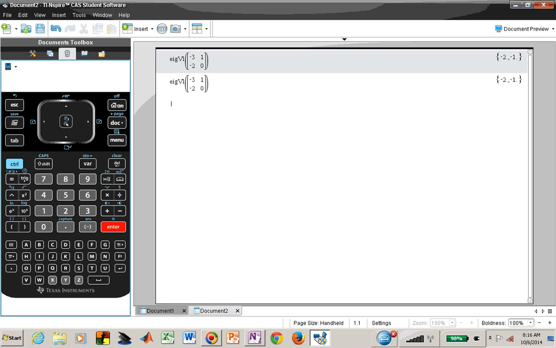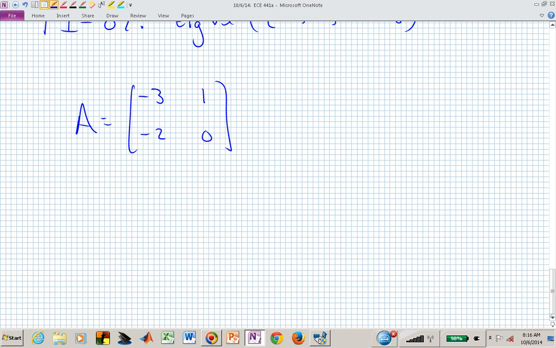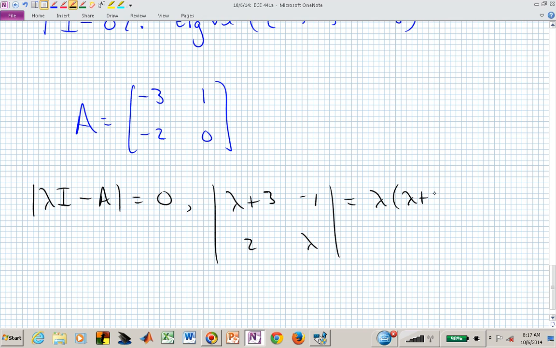And that's how you can find the eigenvalues of a matrix rather easily with your calculator. Or if you were doing it old school, your parents were doing it this weekend, I guess, finding the... And here I'm using lambda. Lambda I minus A, that determinant equal to 0, says that we now take this lambda on the diagonal and subtract the A matrix. To find the determinant, that's not that difficult.